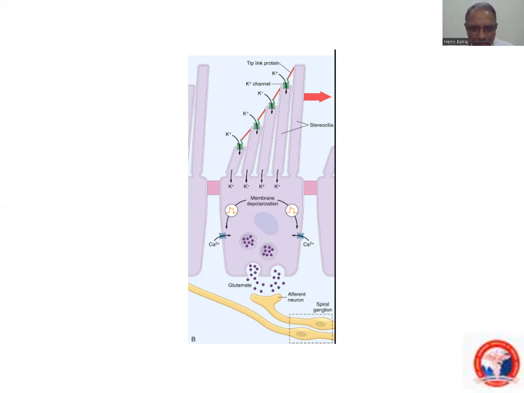The vestibular part of the vestibulocochlear nerve supplies the semicircular canals. The semicircular canals are in 3 planes, and each one of these planes provides circular acceleration.